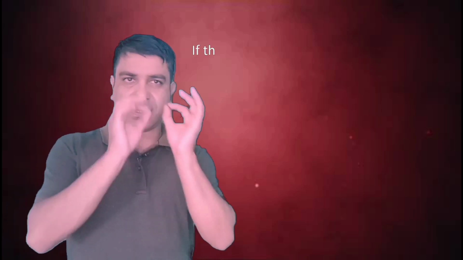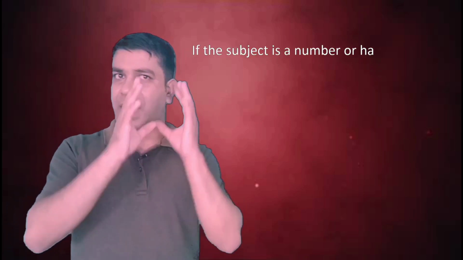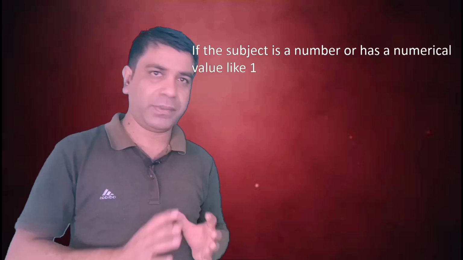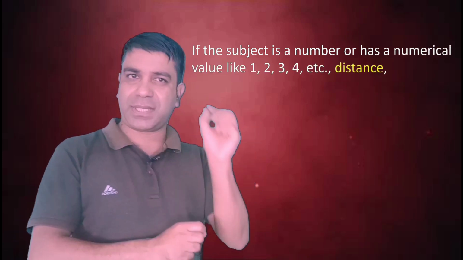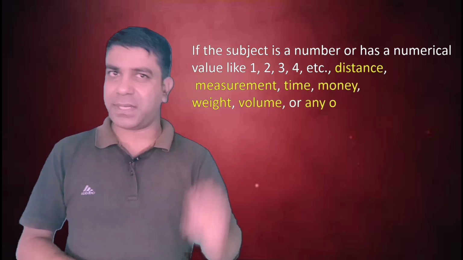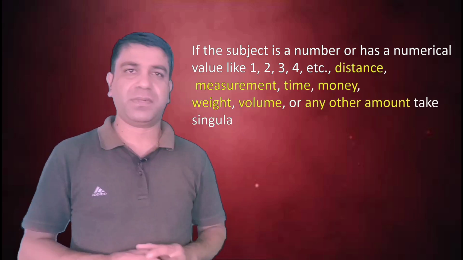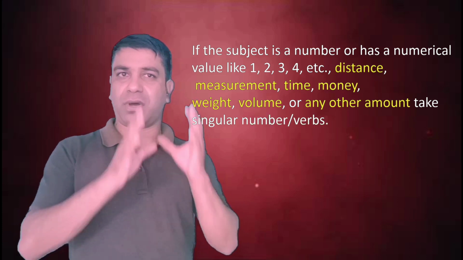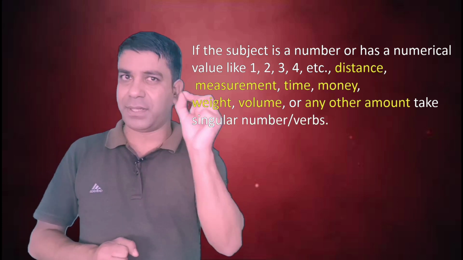And last but not the least, this is something that most grammar books don't talk about. If the subject is a number or has a numerical value like 1, 2, 3, 4, etc., distance, measurement, time, money, weight, volume, or any other amount, always take a singular verb.